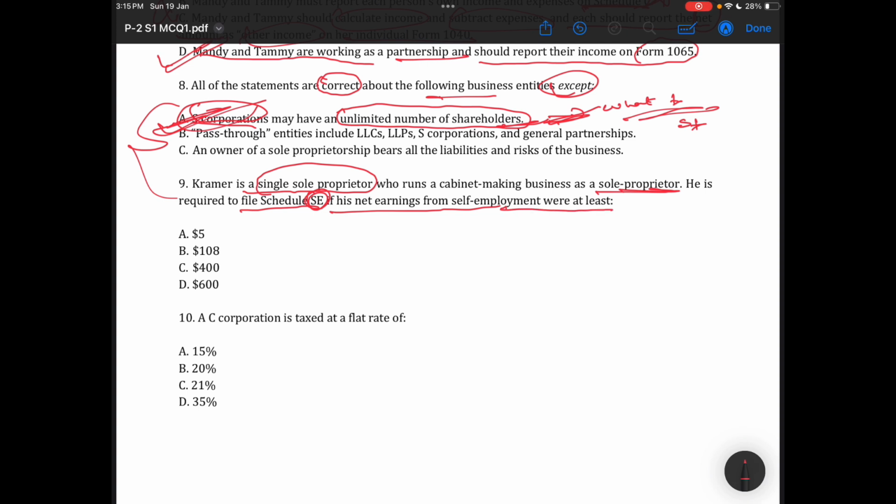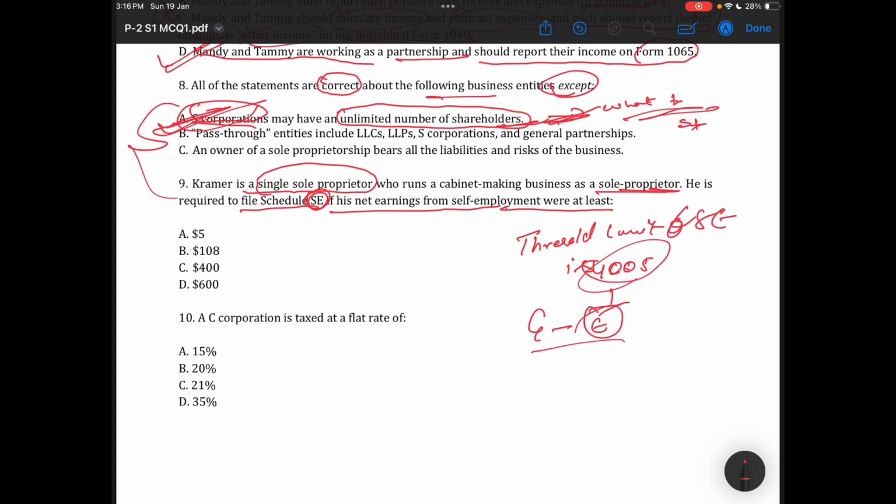As you know, the threshold limit for SE tax is $400. It's net income, meaning gross income less expenses. If it exceeds $400, then you have to report the income on Schedule SE. So the correct answer is C.